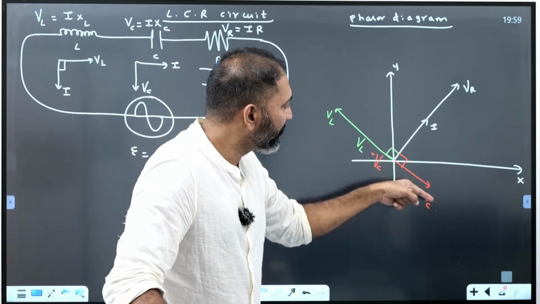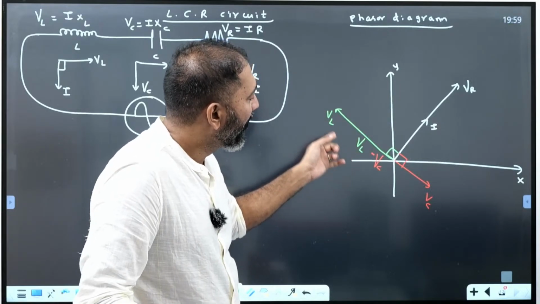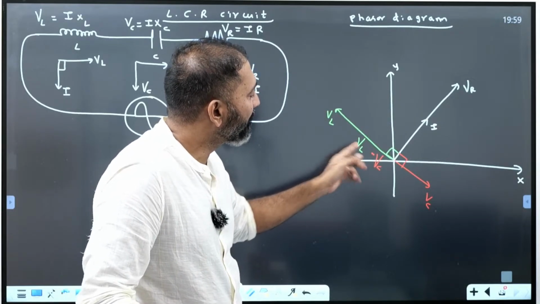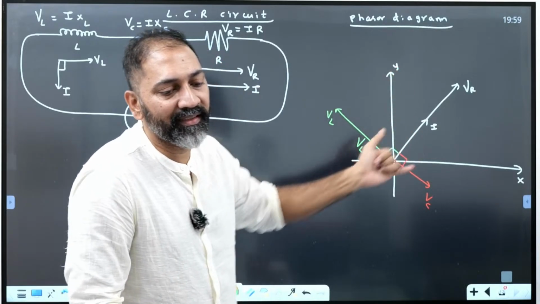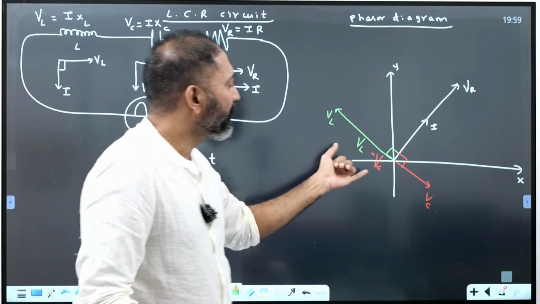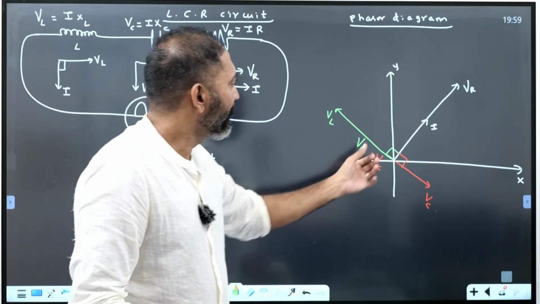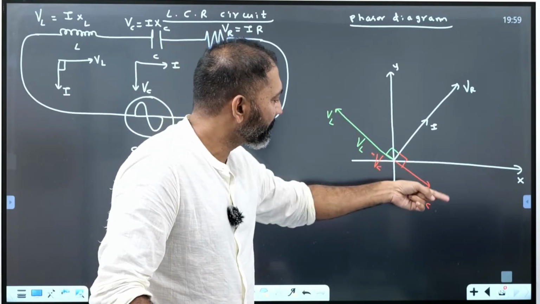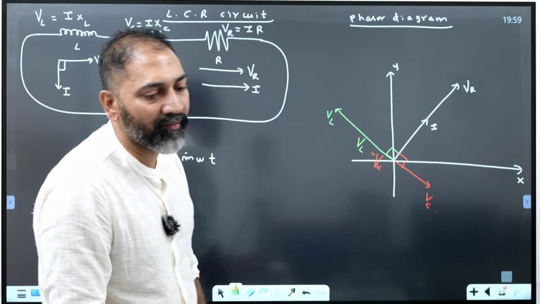I am repeating that because for some students it's not easy to understand. This is plus VL and this is plus VC, so this side it will be minus VC. So in-effect voltage at this side is VL minus VC.